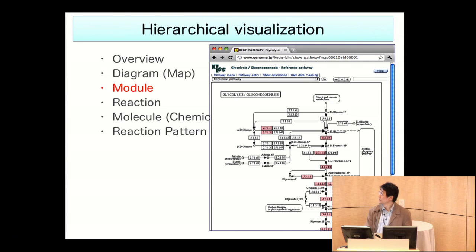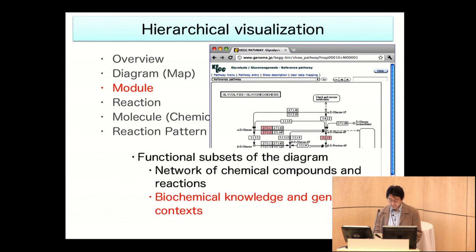The third level we define is a module, which is a subset of the pathway diagram, and which indicates a more functionally tightly related set of reactions or enzymes.